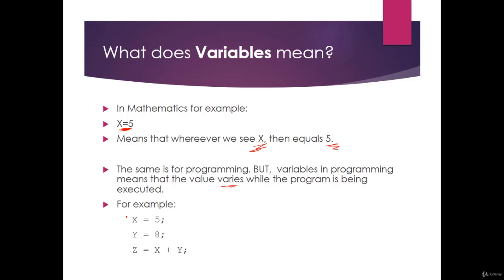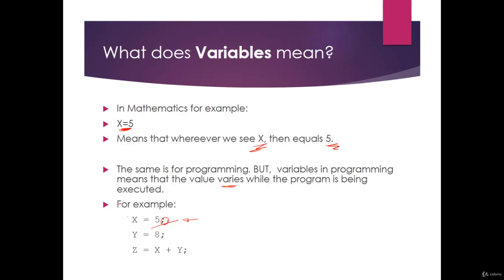So for example, we could have that x equals 5. This is something that we will see. It has to do that this is a command, and with this symbol, the command ends, which is a bit common between different programming languages.